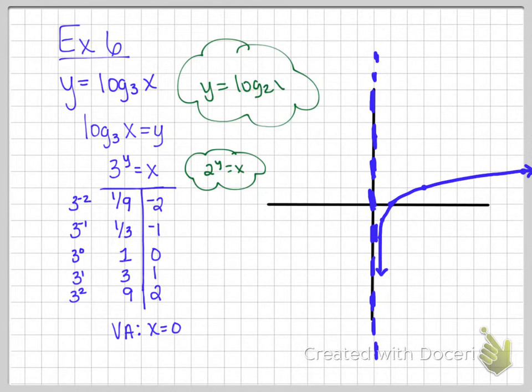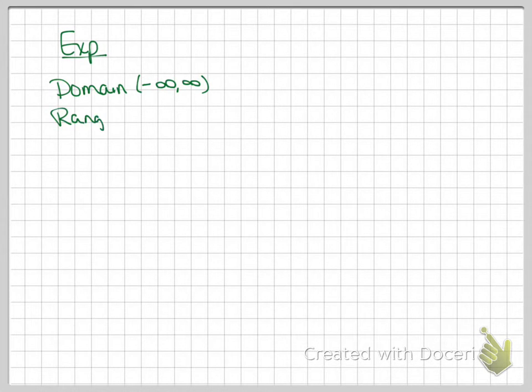Alright, so knowing that, let's talk about some properties of logarithms because that's what it has next. Alright, so I'm just going to stay on this slide. So the properties of logarithms, it's just really comparing them with the exponentials, which we had already talked about. So remember with an exponential, we said that the domain was -infinity to infinity, and the range was 0 to infinity.